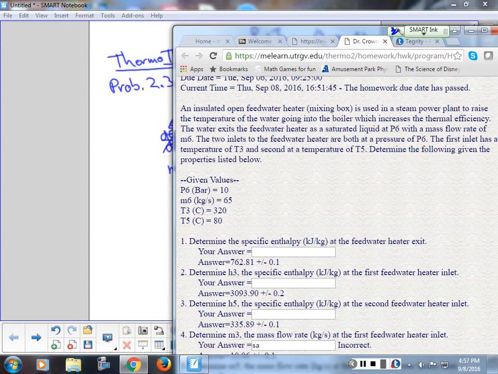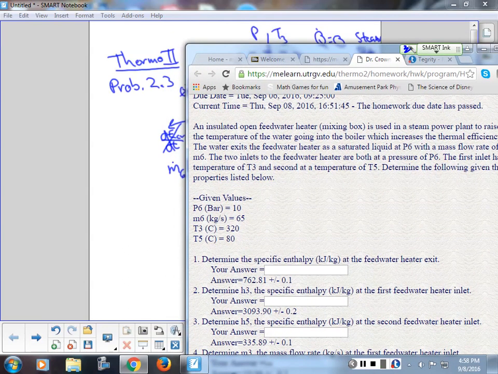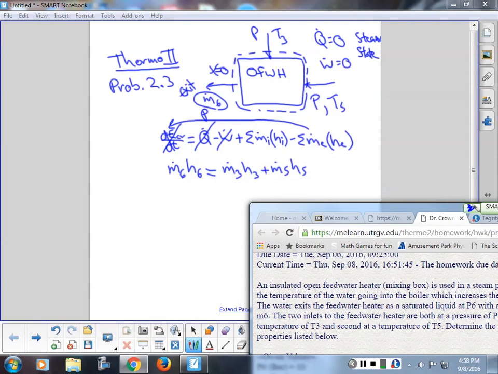So I don't know the flow rates here, right? So in this case, I'm going to have to solve for those two flow rates. So the specific enthalpy at the feed water exit, I know that it exits as a saturated liquid, so the quality is 0. So I can find that enthalpy.